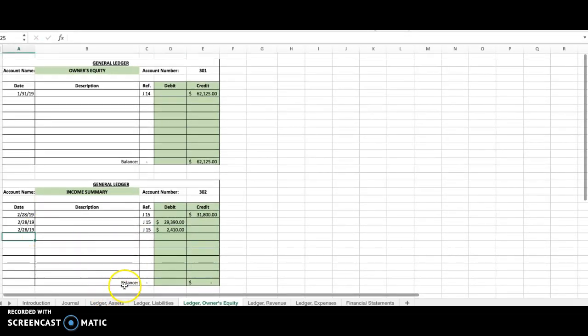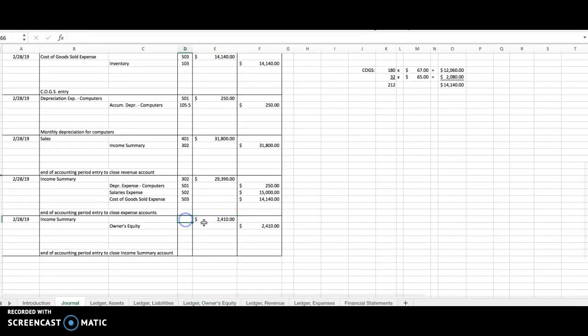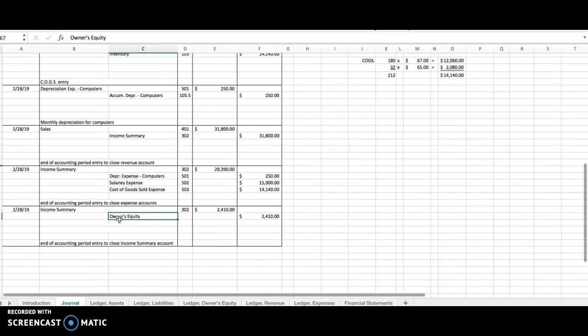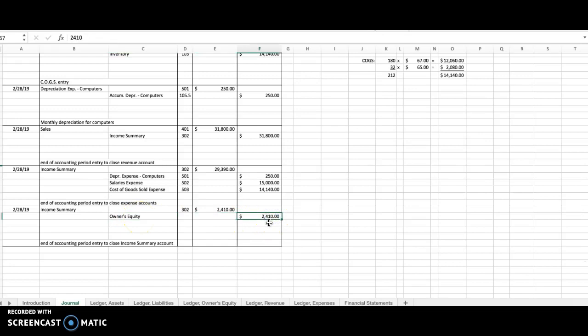If I do that, that closes this account. It now has a zero balance. And again, account is 302. We go back, put 302, and look what gets credited, owner's equity. There has to be a debit, there has to be a credit. The credit in the third closing entry always goes to owner's equity by $24.10 because debits have to equal credits.